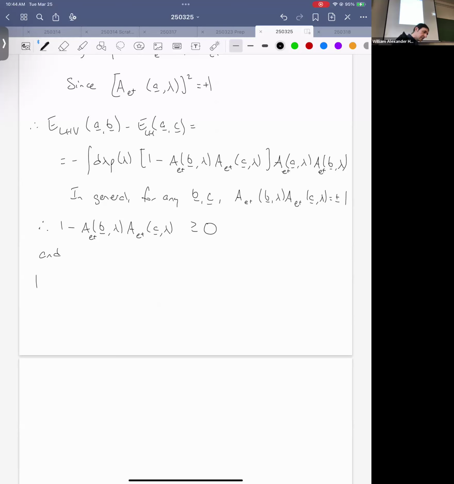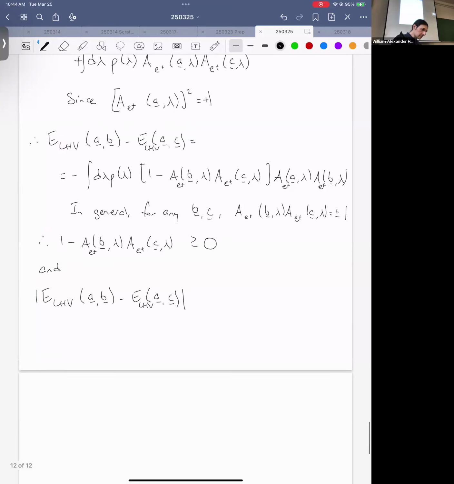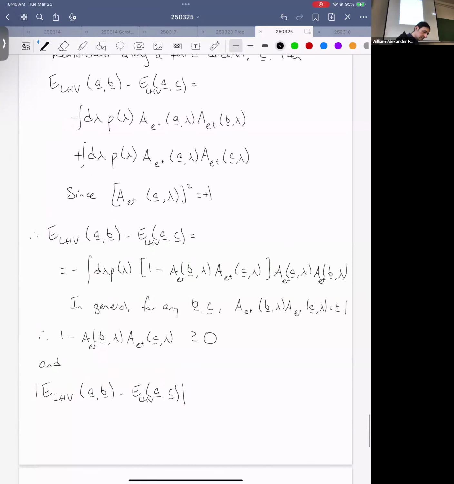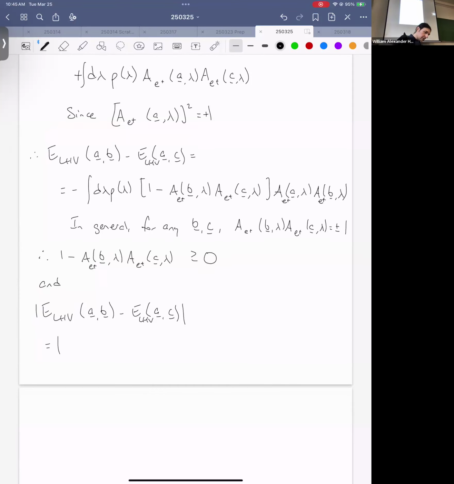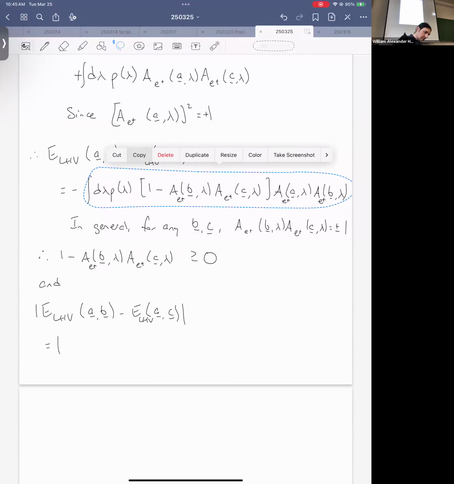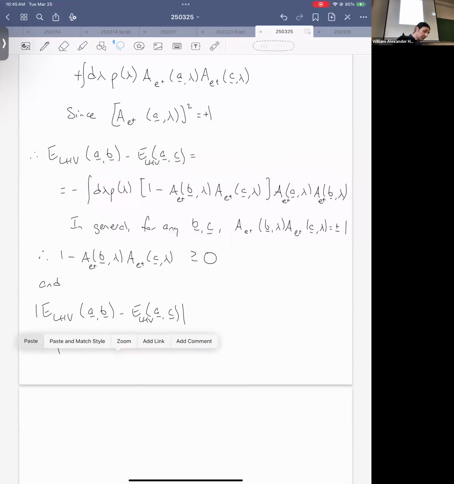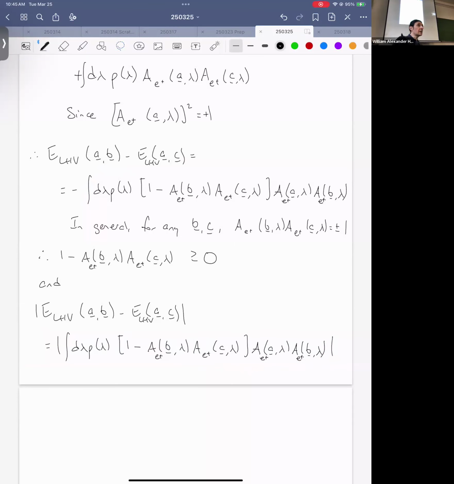And if we consider the absolute value of these different expectation values in our local hidden variable theories, therefore this is equal to the absolute value on the right-hand side.